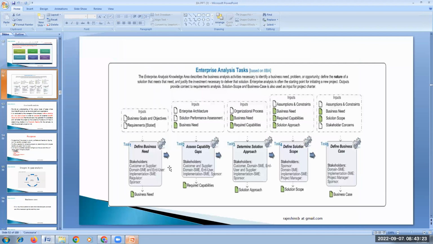Second, we need to know about assessing the capability gaps. If you'd like to assess the capability gaps, first of all, you need to know about enterprise architecture. In enterprise architecture, there are four, as I mentioned: business architecture, applications architecture, systems architecture, and data architecture.